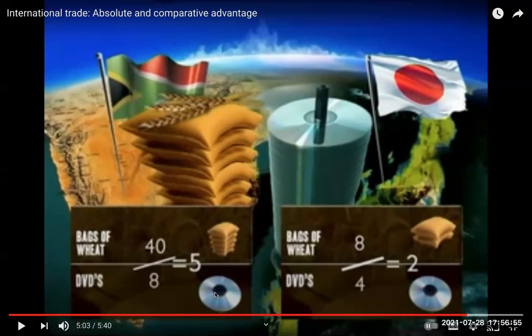And the other guy, we need a country name. In other words, it would cost South Africa more in terms of production to produce one DVD versus Japan in terms of bags of wheat.